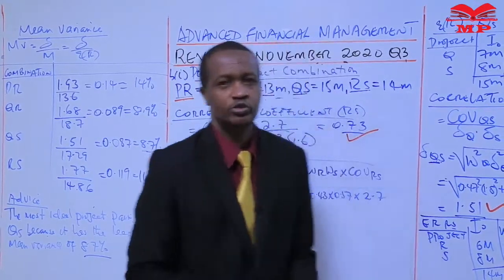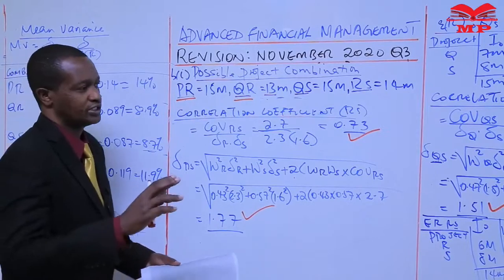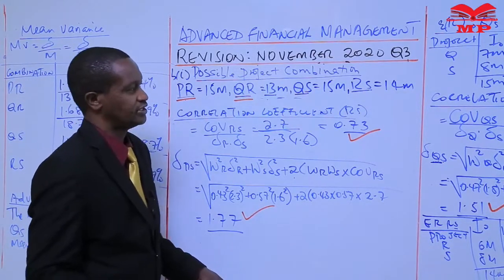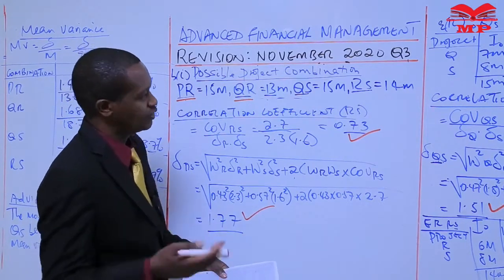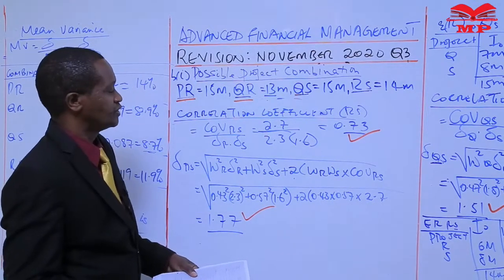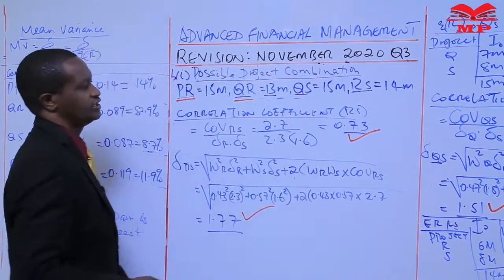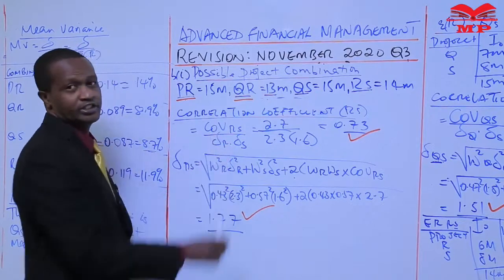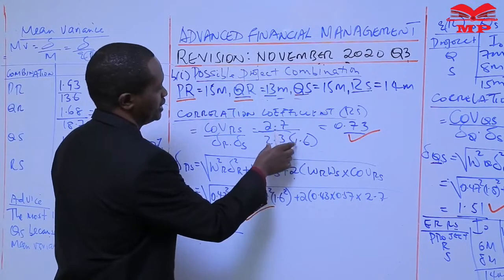I hope you've also seen that the question is simple to the extent that candidates are required to just have the formula. If you have the formula for these requirements, like the correlation of coefficient, then you put down the formula, then check from the question if the inputs are provided in the question.